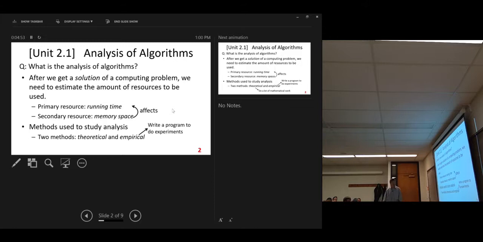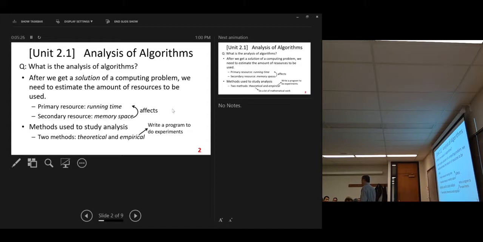At this point, I can give you a little information about our programming project number 1. You need to write a program to do experiments, to compare the performance of two programs. One uses a good algorithm, another uses a bad algorithm.